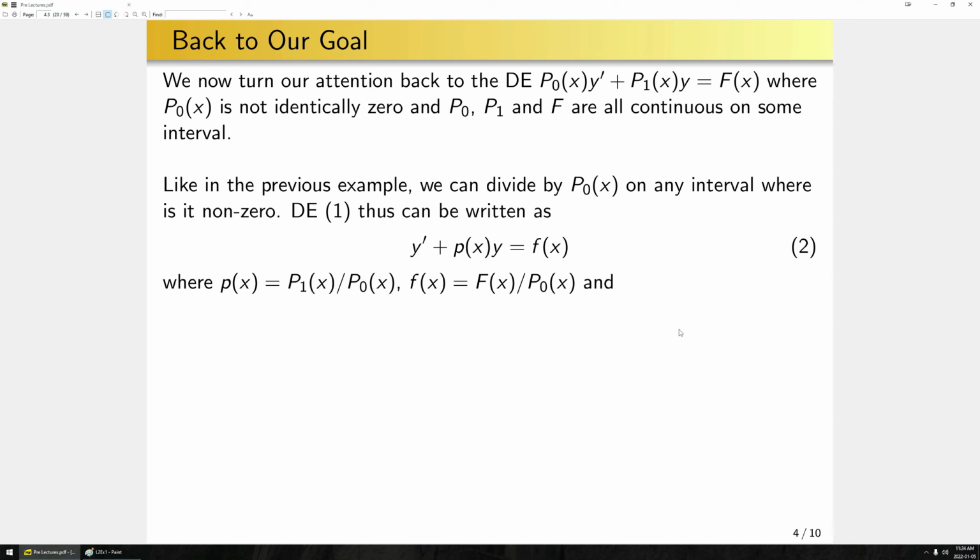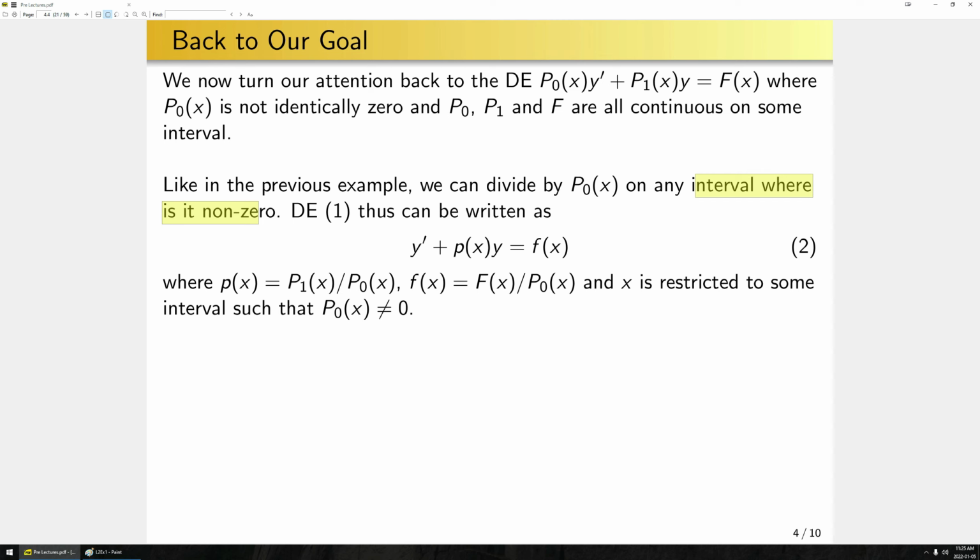And again here, I have to restrict the values of x under consideration to be the values of x such that p naught of x is not equal to 0. In practice, this restriction isn't all that restrictive, since there is this interval where p naught of x is non-zero.